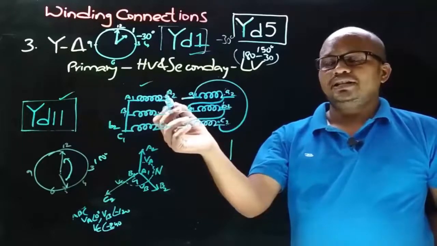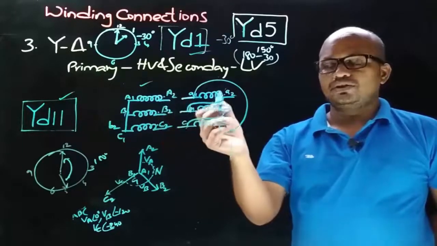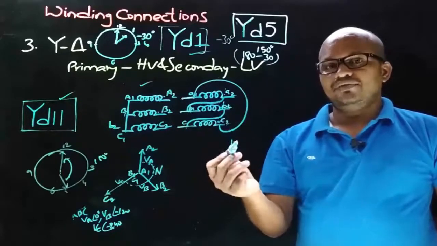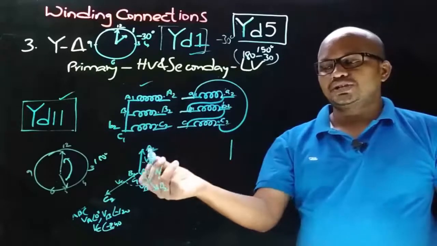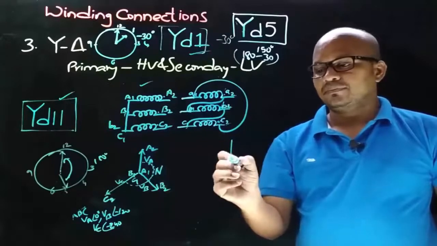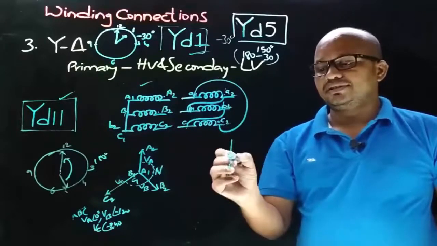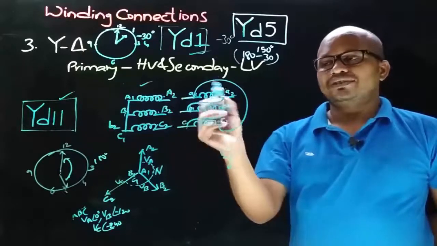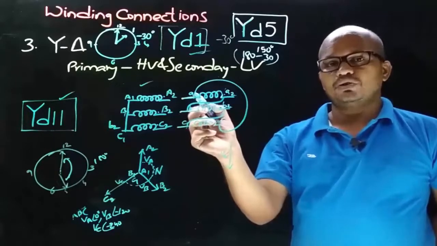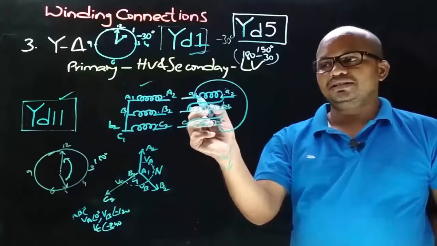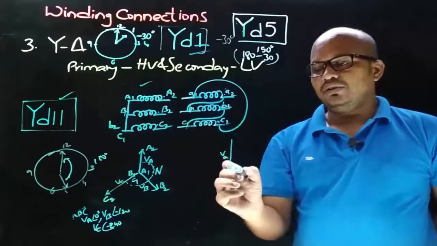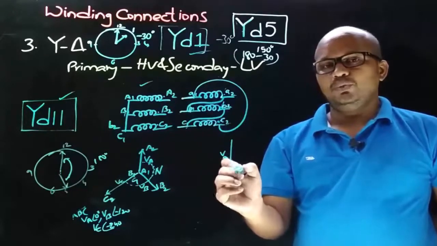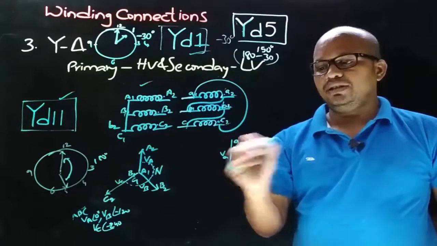On the primary side, the connections are taken from the dot end, and on the secondary side, connections are taken from the non-dot end. This means the secondary side VA phasor will be in the opposite direction to the primary side VA phasor. So like this. And now let's decide the terminals. On the secondary side, we took the connections from non-dot ends, and that is A1. So the arrow will point towards the connection we took from, so the arrow will point towards A1. So the other end will be A2.